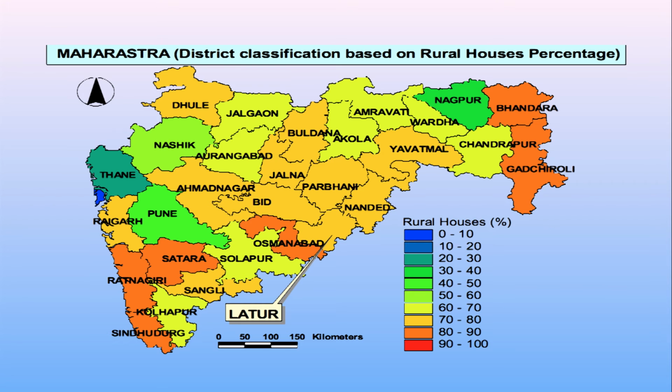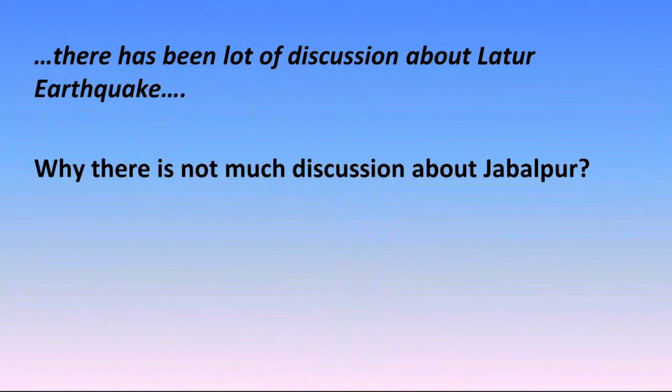Later on it was found that when this earthquake occurred, some seismologists predicted that, because it occurred along this Narmada Son lineament, there might be some propagation, and earthquakes in some other districts may also occur. So that was the main discussion.